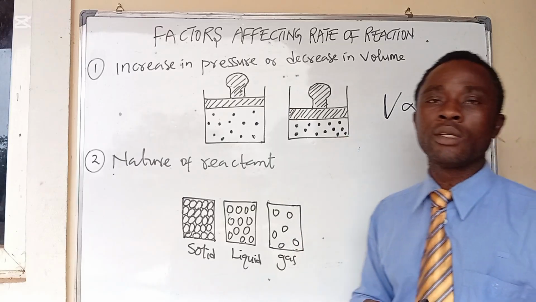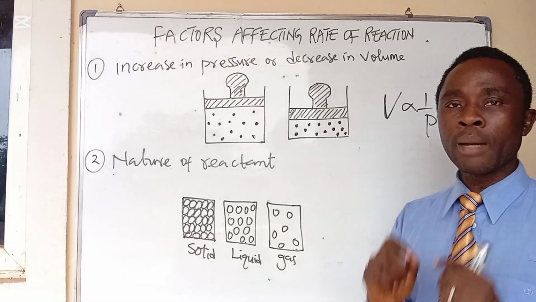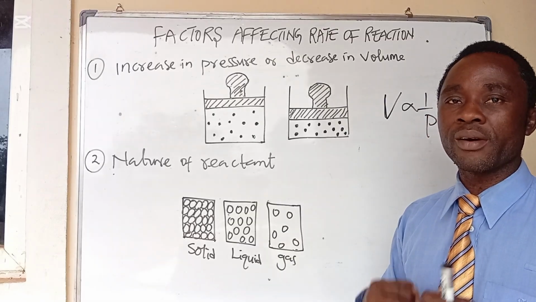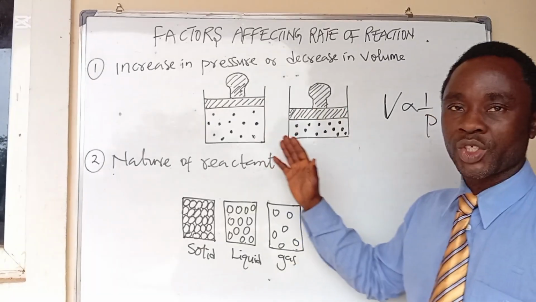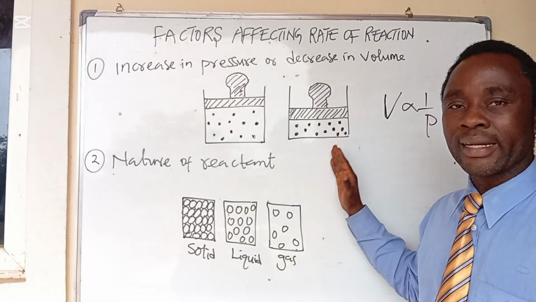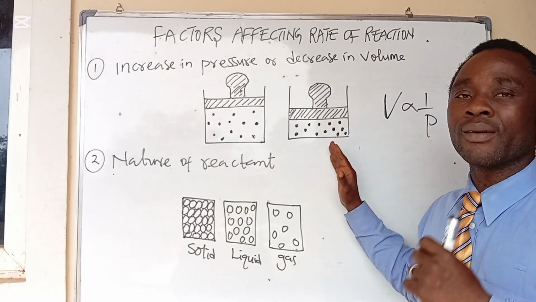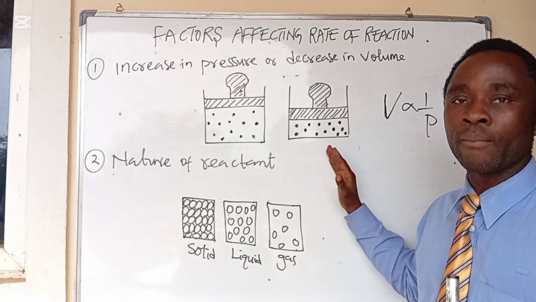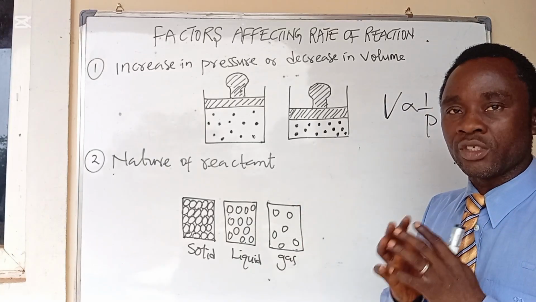And we know that according to collision theory, the more the frequency of effective collision, the faster the rate of a reaction. So increase in pressure leads to decrease in volume, causing the reacting gas particles to be in close proximity to collide more with each other.